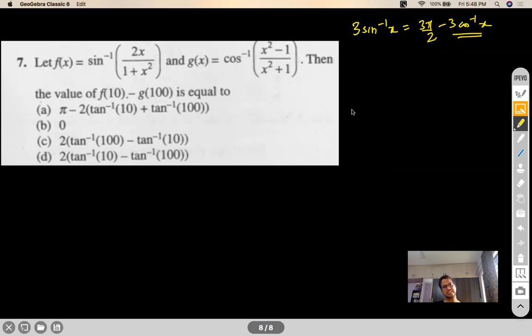F of x is given, g of x is given, and they're asking you which of the following is the value of f10 minus g100. All the options have been touched upon by you.